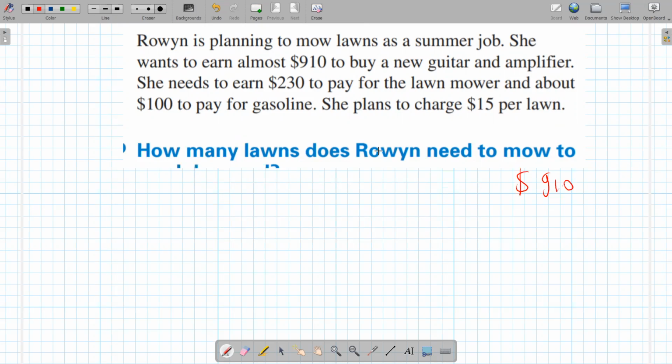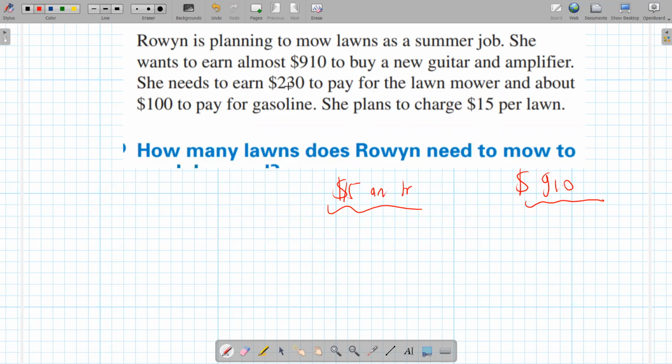And then what else is going on? How is she going to make this money? She's going to mow lawns for $15 an hour. She needs to make $910.